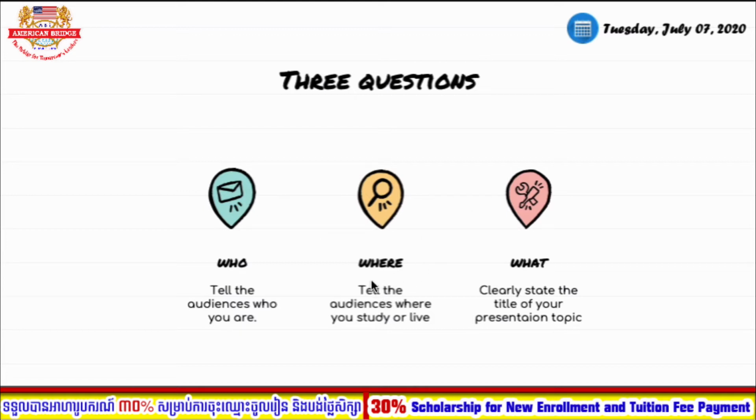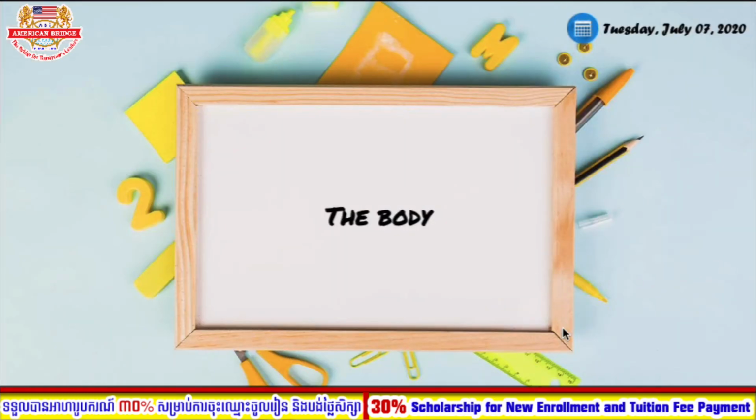Then the question where: you need to tell the audience where you study or where you live. Last but not least, you need to talk about what, which is the important question. What: you talk about the title of your presentation topic. What do you want to talk about? And that's it for the introduction.